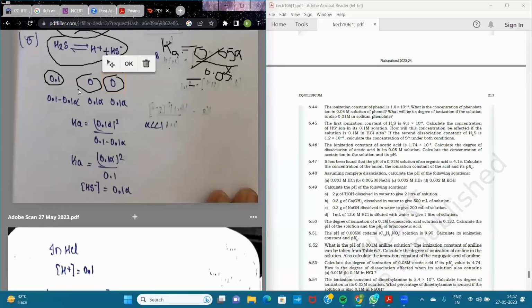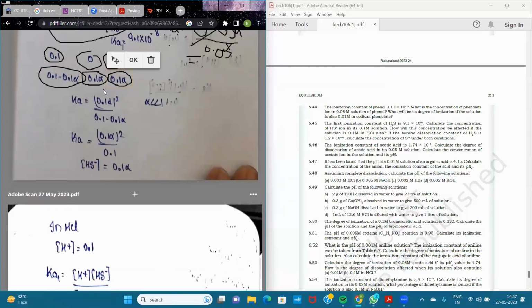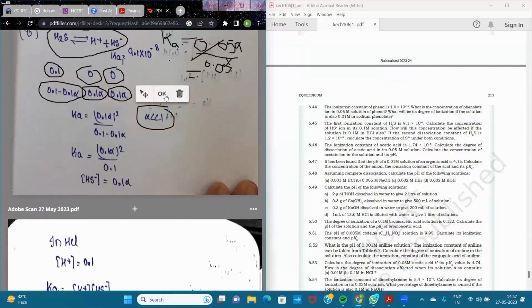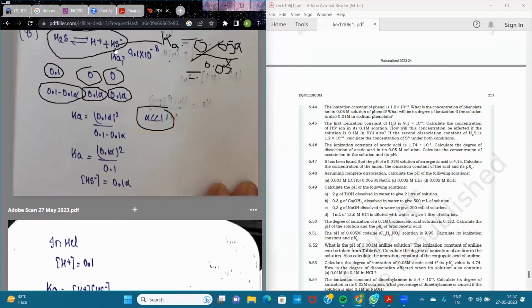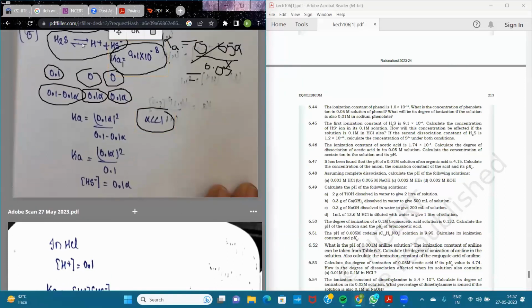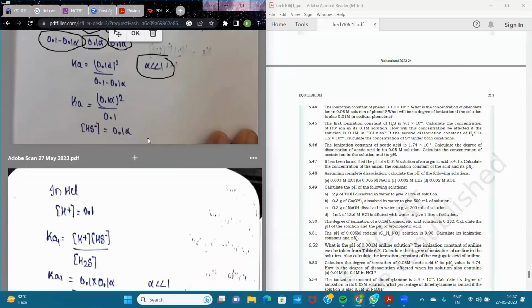If alpha is the degree of dissociation, then we'll have equilibrium concentrations as 0.1 minus 0.1 alpha. This is 0.1 alpha, and this is also 0.1 alpha. We'll substitute these values in the Ka expression. We'll get 0.1 alpha whole square by 0.1 minus 0.1 alpha. These are weak acids, so alpha is very much less than 1. By observing Ka1, we can easily identify that the formation of products is very small, so the degree of dissociation will also be very small.